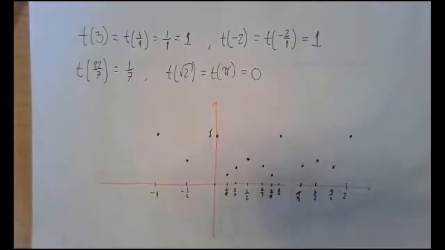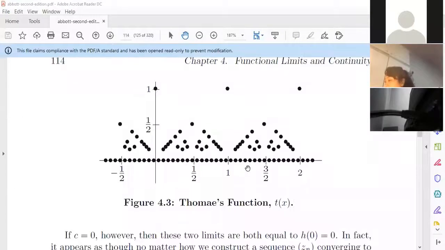So here's the picture from the book. Let me show you. All right. It looks like this, just like we were saying, right? So we have these numbers over here that are 1 at the integers, then 1/2, and then we have this one. So for every rational number, you only go as high as its denominator.